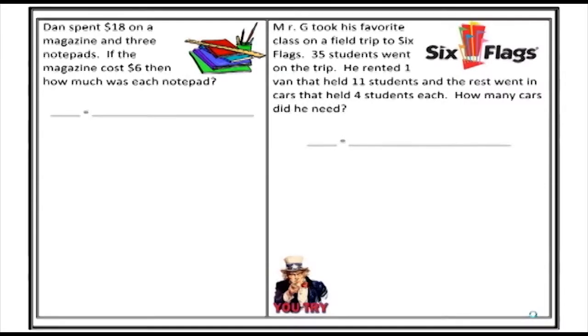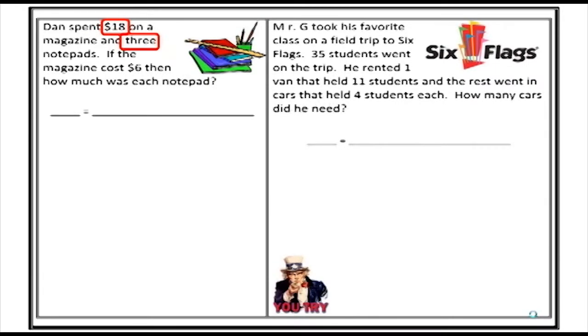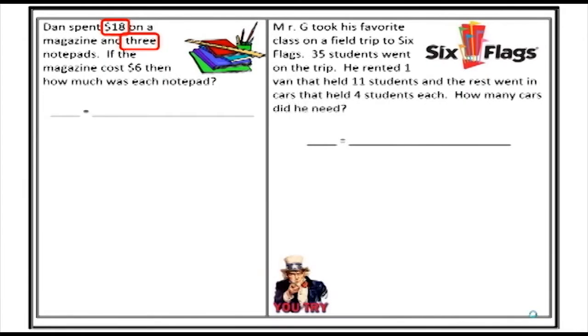I'm going to go through and circle my given information. $18, again, that's my total. 3 sets of notepads, which to me sounds like multiplication whenever I have equal sized groups or sets of something. And then a one-time fee of $6 that I spent. So that to me sounds like addition. That's amount that I added on to my bill at the store.